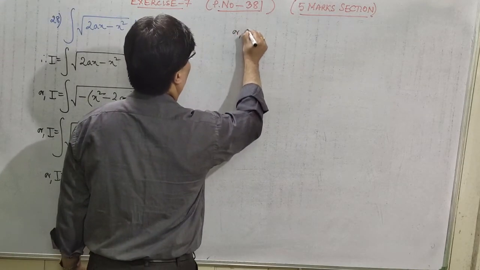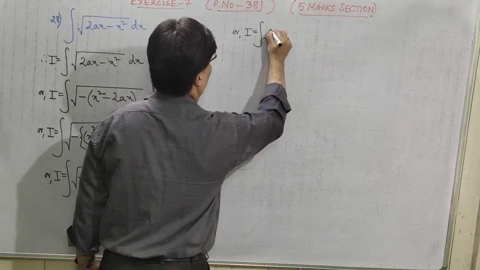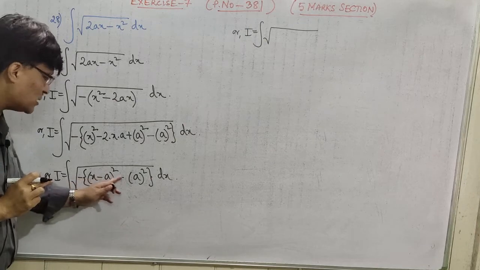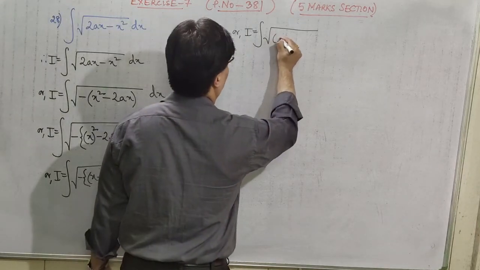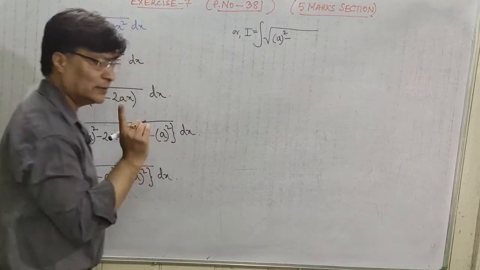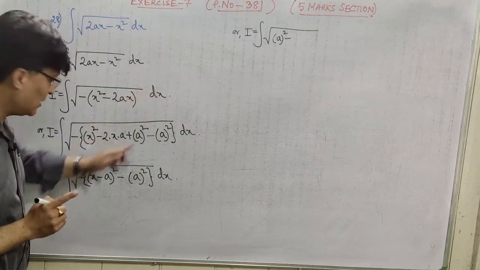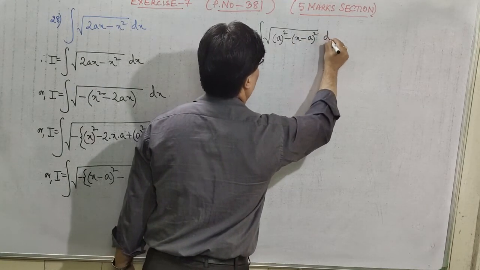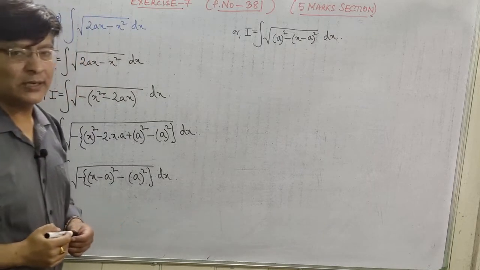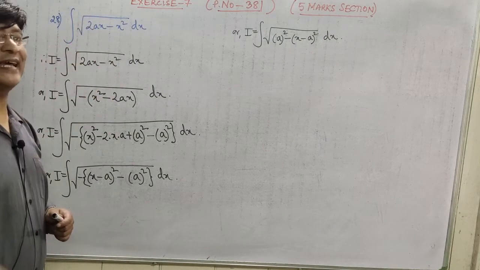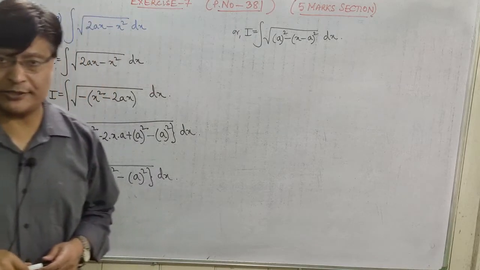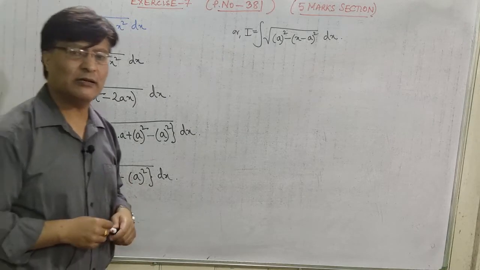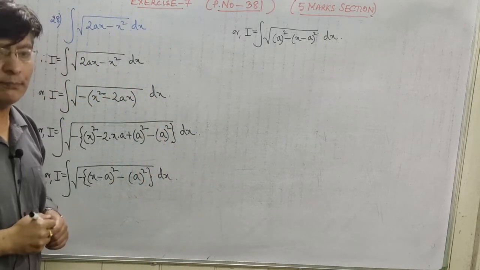So I is equal to integration of within square root, let us write down positive term first, so minus into minus plus a whole square, this is a whole square, then minus into plus is minus, then it is x minus a whole square, then dx. So you can compare it with standard integral number 3 in integration by parts. Instead of x there is x minus a, so this is standard integral number 3 in integration by parts.